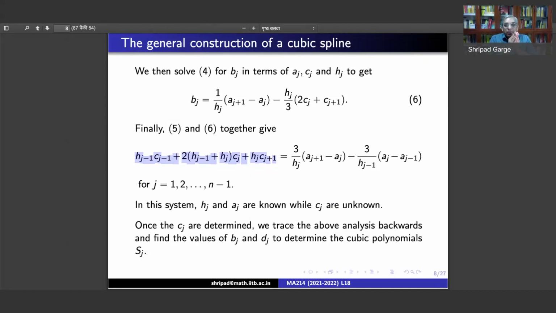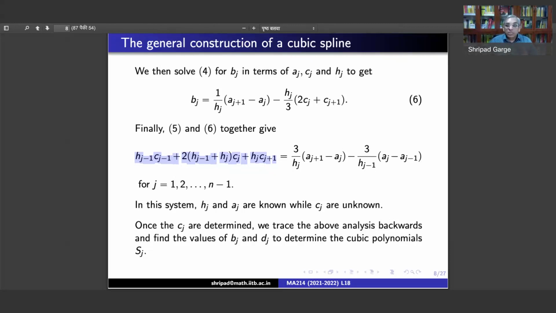So you will have something for C0 and then something for C1. Then the next level you will have C0, C1, C2. At the next level you will have C1, C2, C3 and so on until the last moment where you will have only Cn minus 1 and Cn, and you would not have the next Cn plus 1 term, of course.